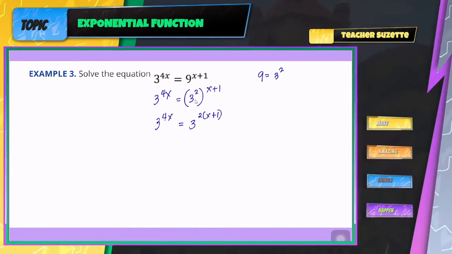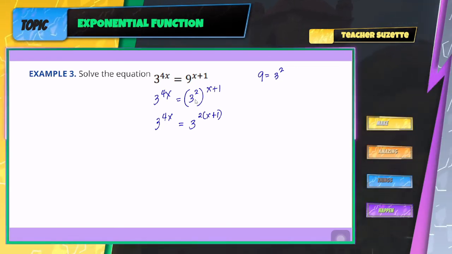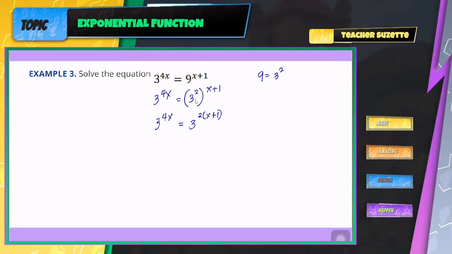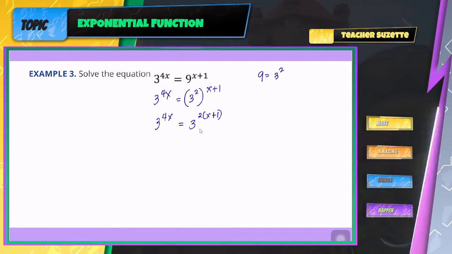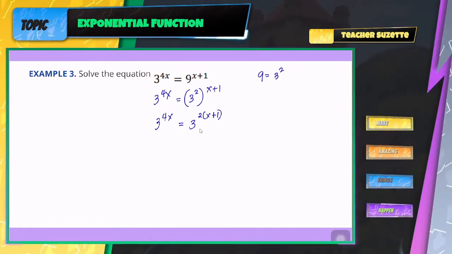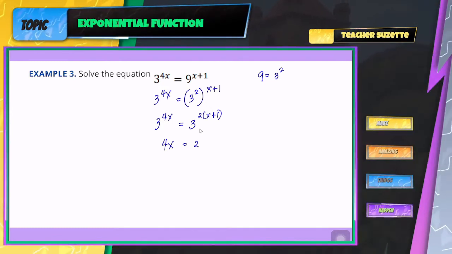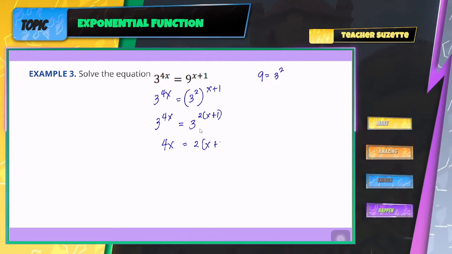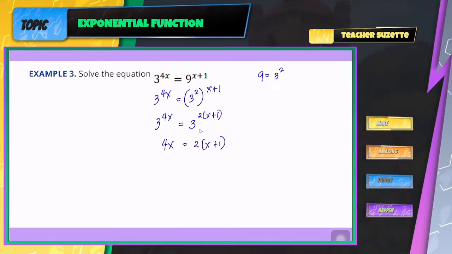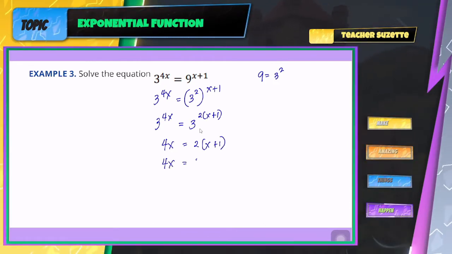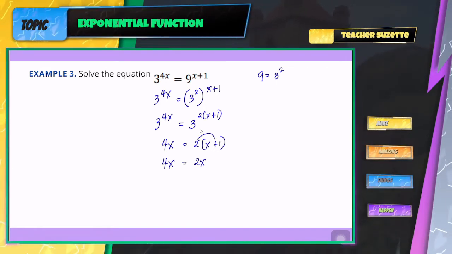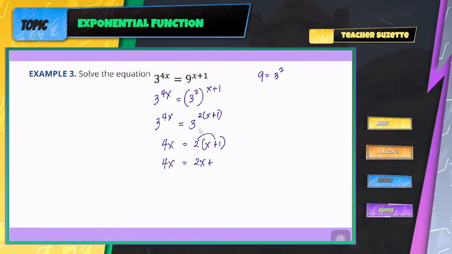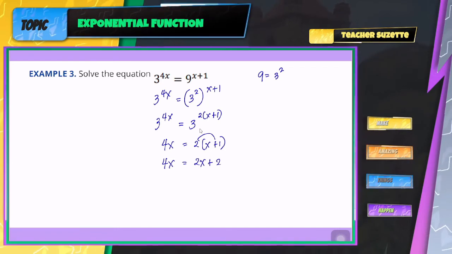So, power raised to another power, we multiply 2 by x plus 1. Then, we have now the same base. So, therefore, we can apply the one-to-one property of exponential functions and equate our exponents to each other. So, you will have 4x is equal to 2 times x plus 1. Then, simplify. 4x equal to 2x plus 2. Ayan.